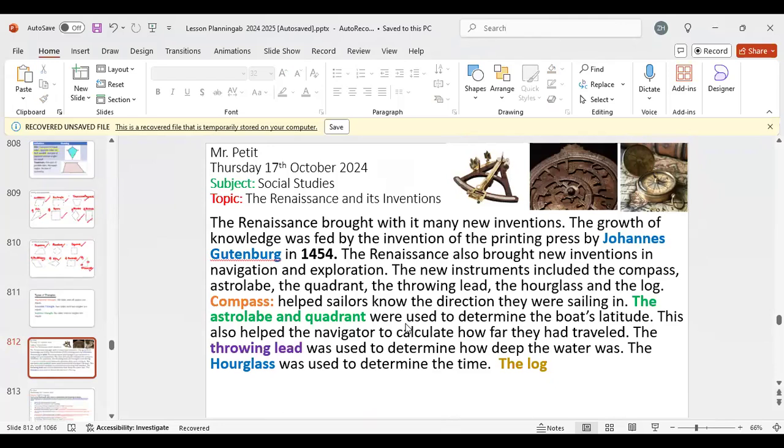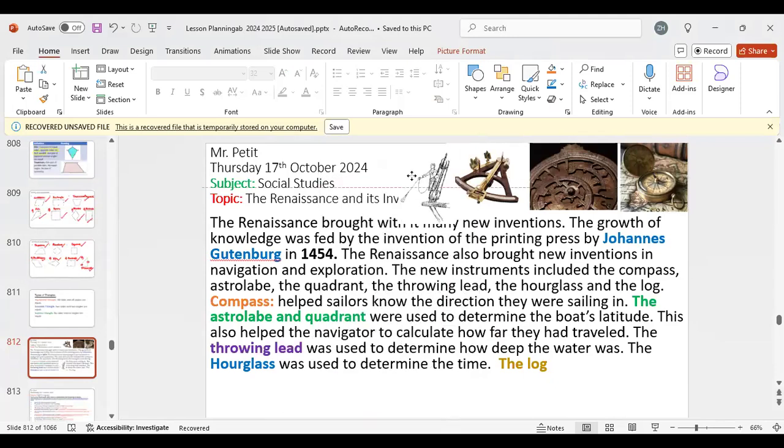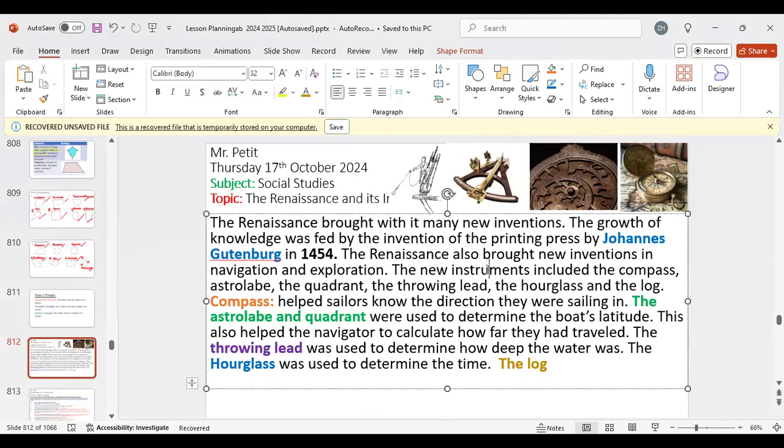Let me show you another example that's probably a bit better. This is the throwing lead right there. So they would throw it in the ocean to determine how deep it was.